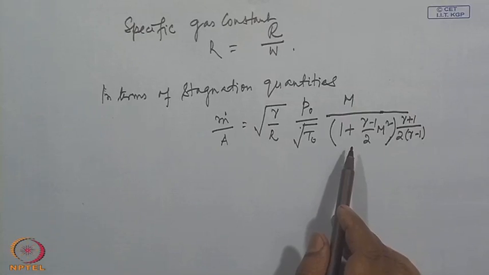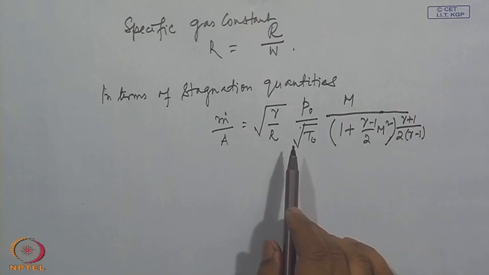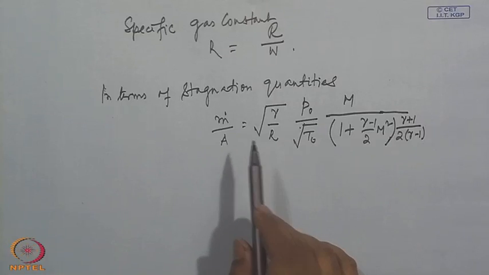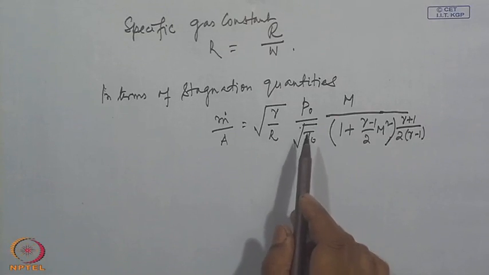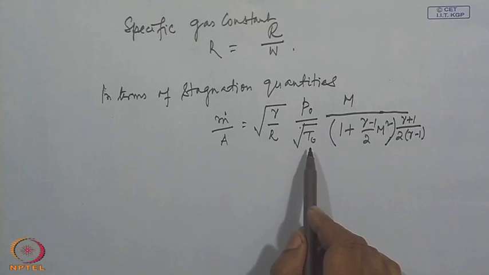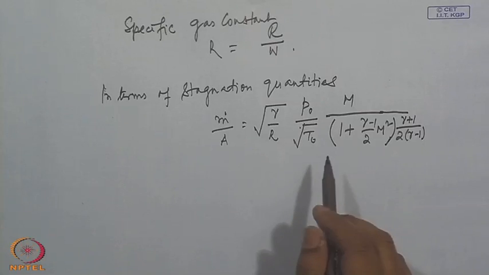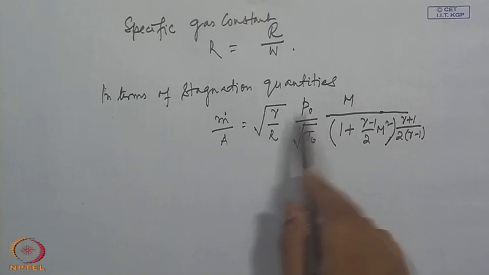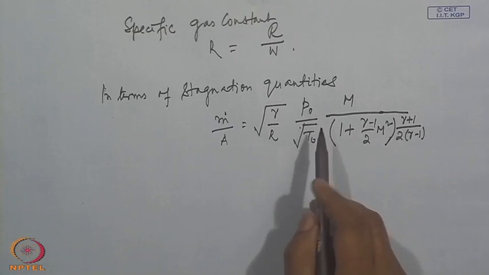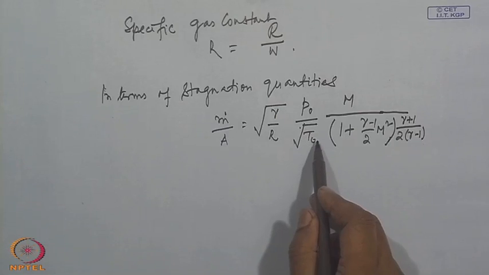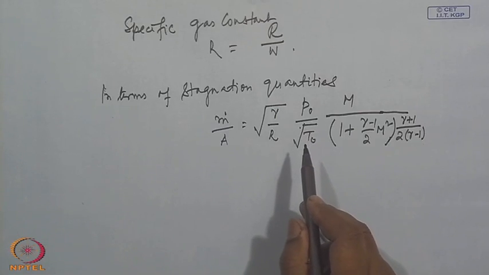Now, this relationship clearly shows that the flow rate per unit area is directly proportional to the stagnation pressure and inversely proportional to the square root of stagnation temperature.